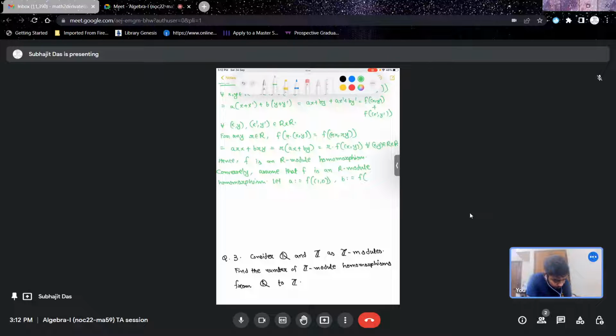So both are elements in R, and for all x comma y in R cross R, f of xy is f of x times 1 0 plus y times 0 1, right? And now you are using the fact that it's an R module homomorphism.